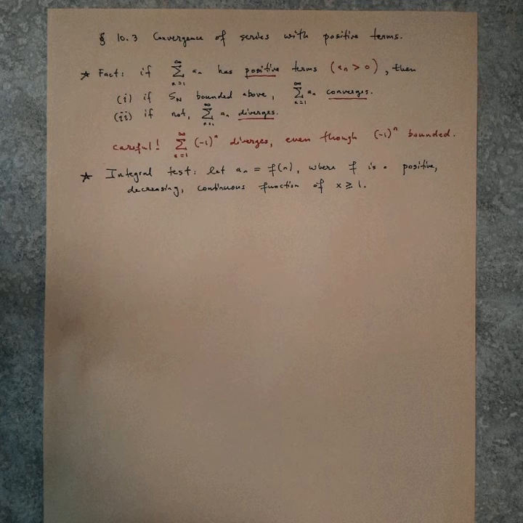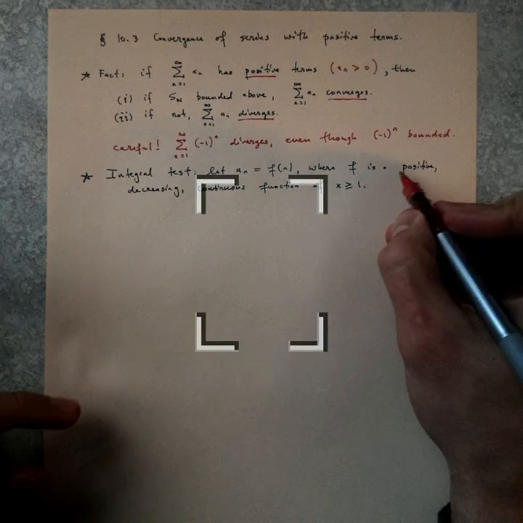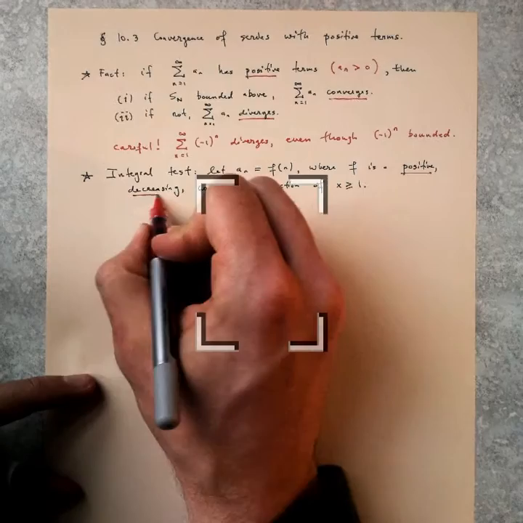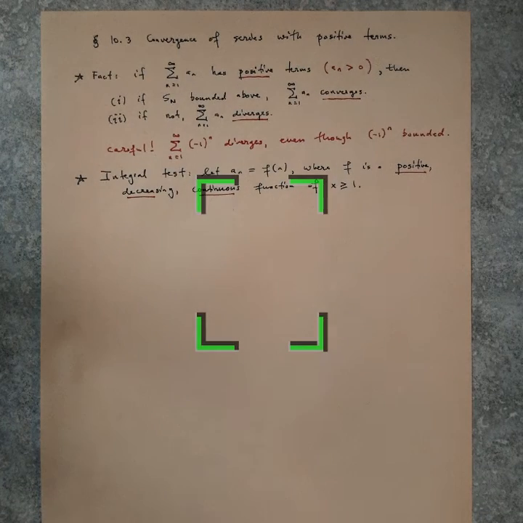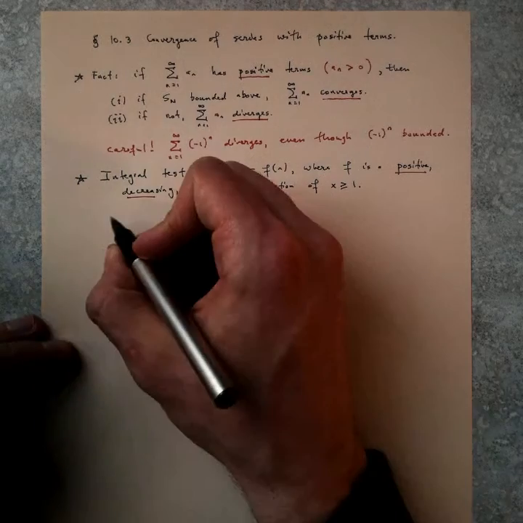Okay, so the integral test only applies if I have a lot of conditions. It has to be positive, decreasing, and continuous. Okay, and if it does, here's the test.